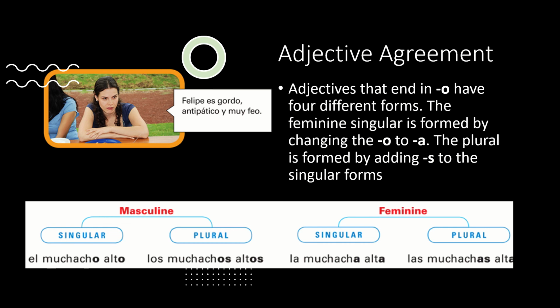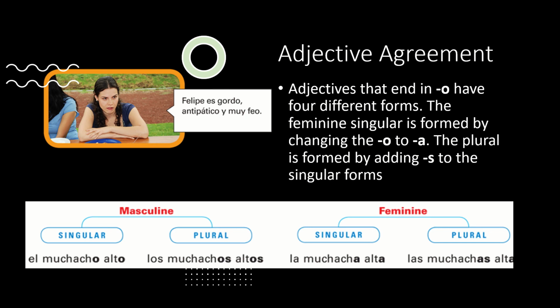You already know the word chico, and we know that chico is just one boy. Well, maybe we're not talking about a boy anymore, we want to talk about one girl. So we change that O in chico to an A and have chica. And then the same way that we would make both chico and chica plural by adding an S is the same process that we're going to go through for these adjectives.